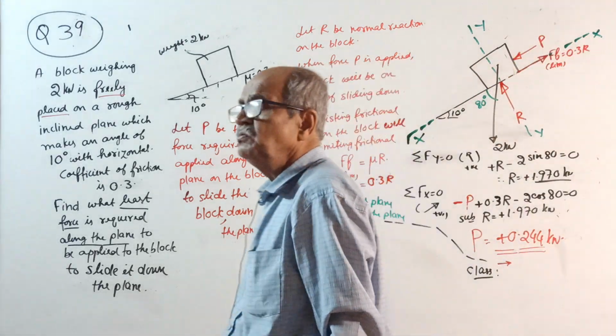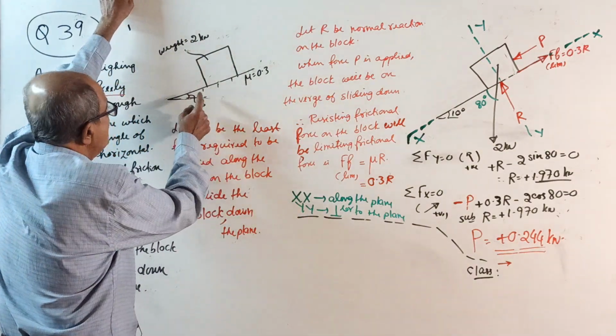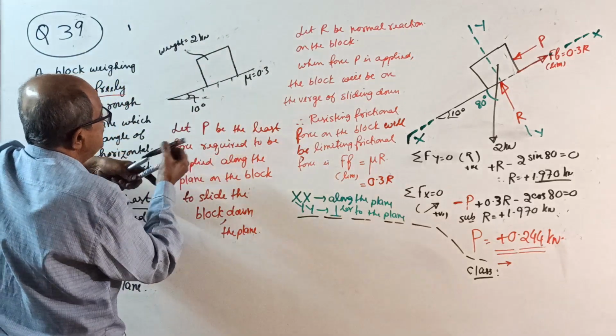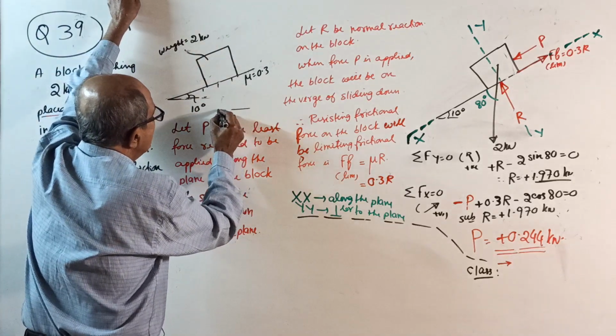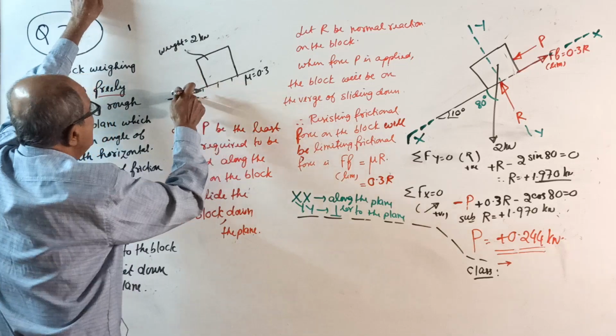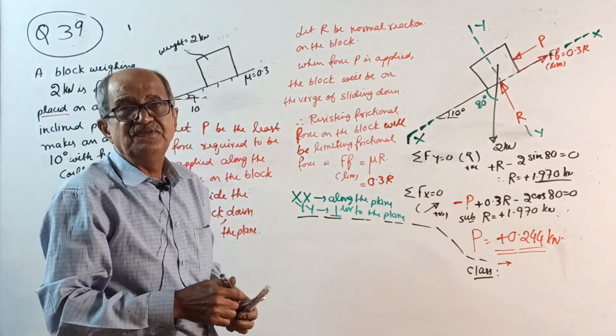Now continue. It is 10 degrees, actually 10 degrees is even lesser, but if I put 10 degrees like this, it won't be clear. So I am writing it a little bigger. So 10 degrees they told. Again the same solution, everything same.